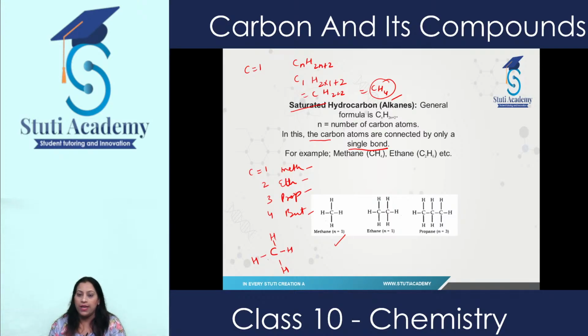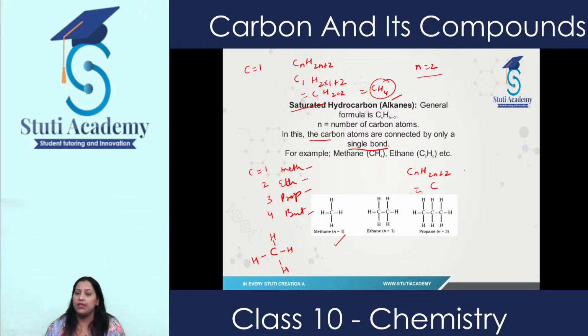Now let's take an example of ethane also. Now if n is equal to 2, it means the number of carbon atoms is 2. So find out the formula of this compound if n is equal to 2. Write in the comment section. If n is equal to 2, then according to the formula, it is simple to write.